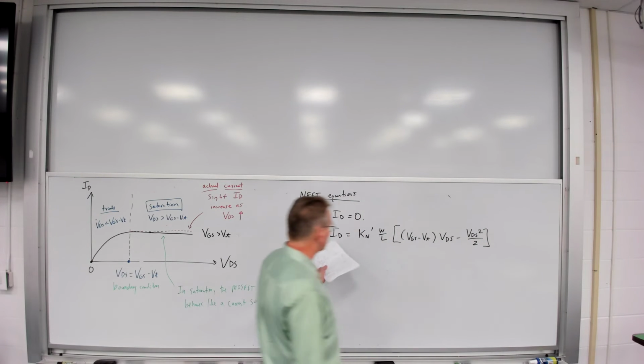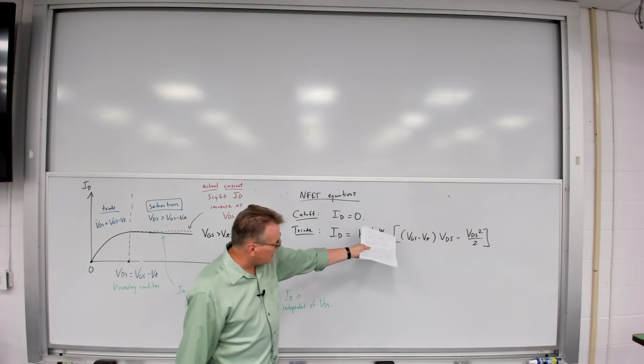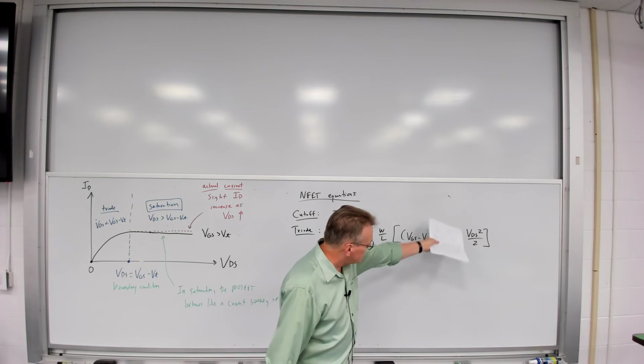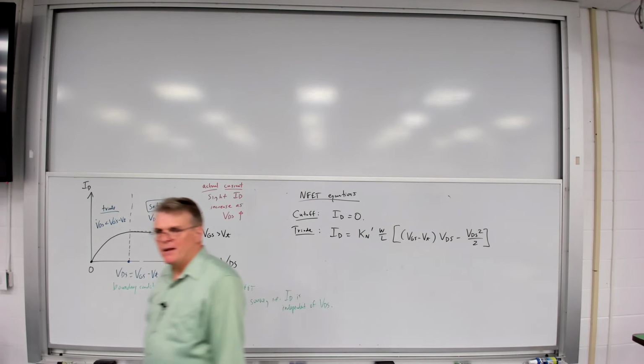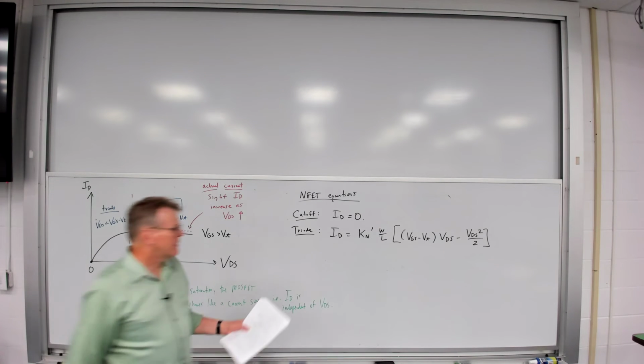In triode, the drain current is equal to K prime N W over L times (VGS minus VT) times VDS minus VDS squared divided by 2. It's a mess, isn't it? Well, like I said, you don't need to memorize it. It'll be there right in front of you.